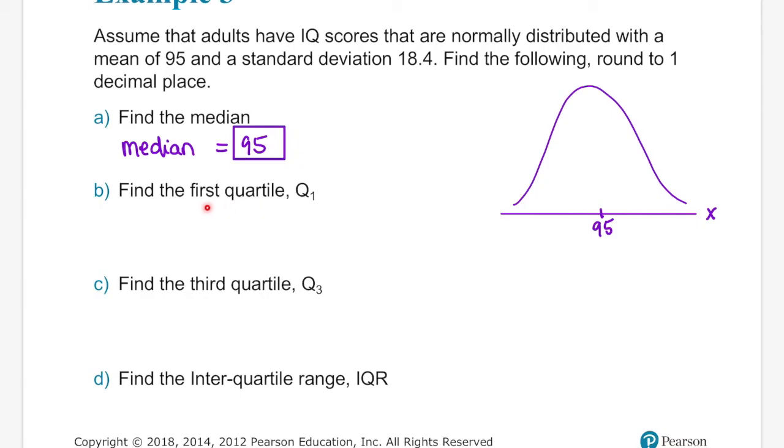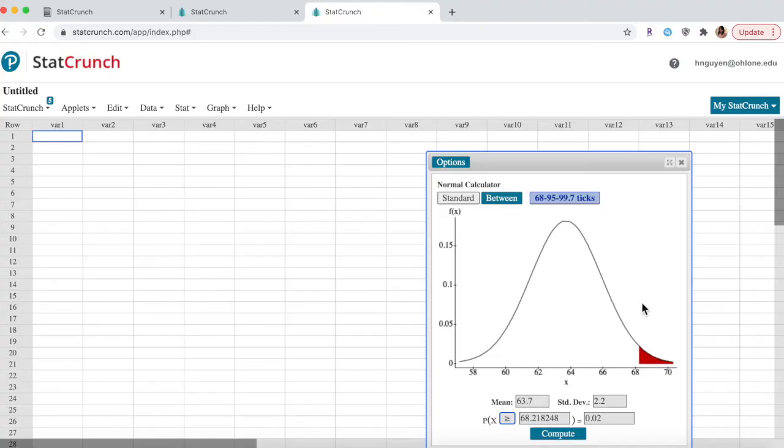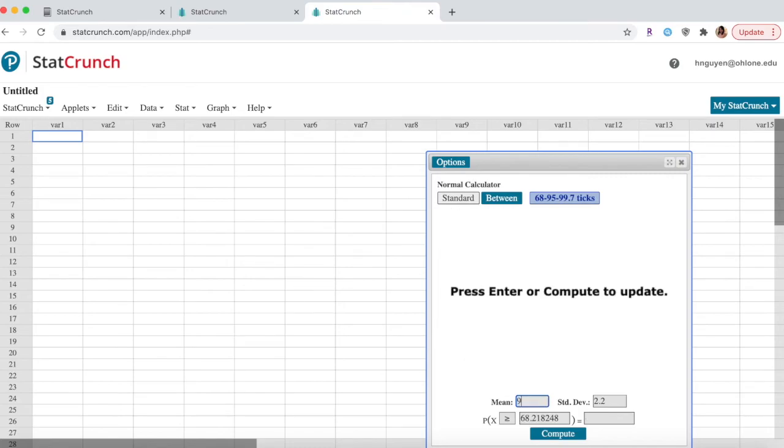B, they ask for the first quartile, which is Q1. Q1 is the 25th percentile, which means it has 25% below and 75% above. So if I call this number Q1, I know that this is 0.25 and everything to the right is 0.75, and I want to find that Q1. For question 3b, I have my mean of 95, my standard deviation of 18.4.